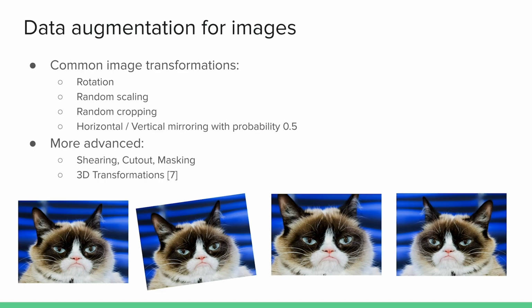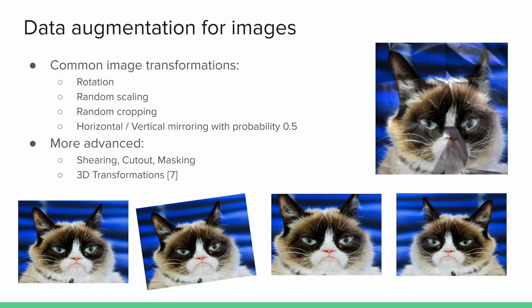You can even apply some of the more advanced augmentation techniques for images, which could be shearing, some kind of non-linear stuff or some cutouts where you just drop certain parts of your input image, masking, similar idea, and even some really fancy three-dimensional transformations that make your image look as if you kind of had a physical printout of that photo, you crumbled it together and then unfolded it again, which gives you something that looks like this.